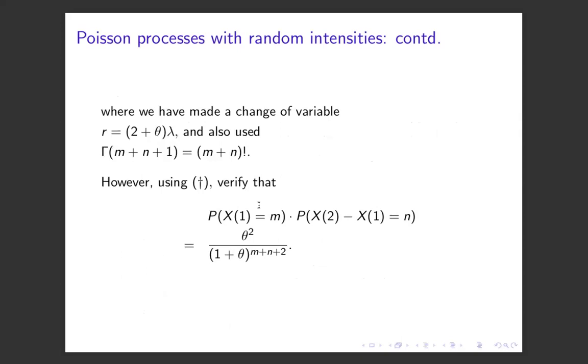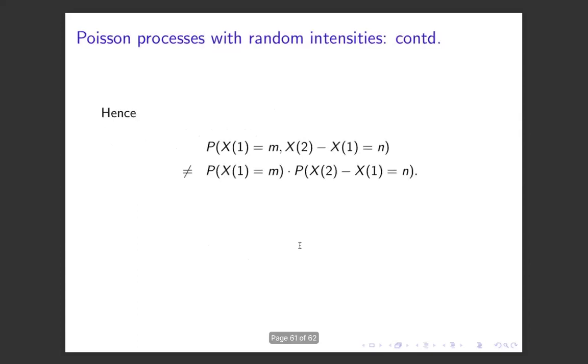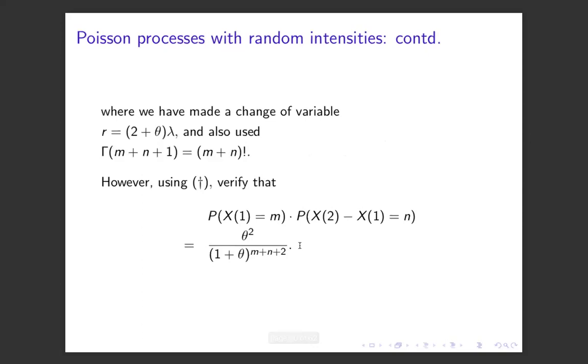If you do that, then you will see that it gives you this expression. Please note it. Many of these expressions, just carefully check.